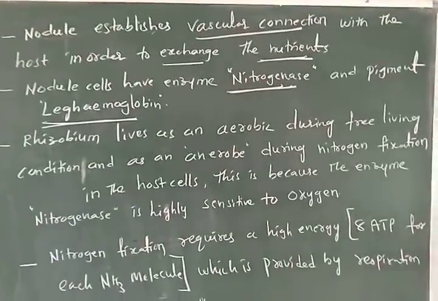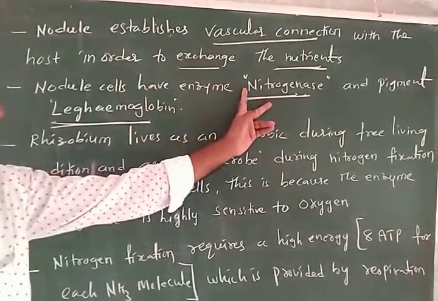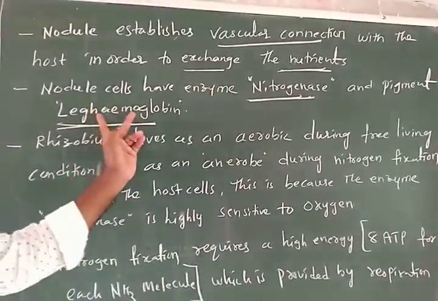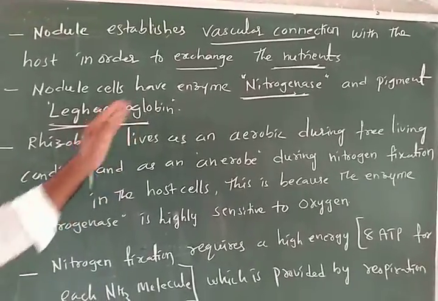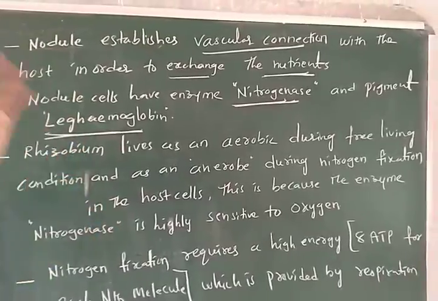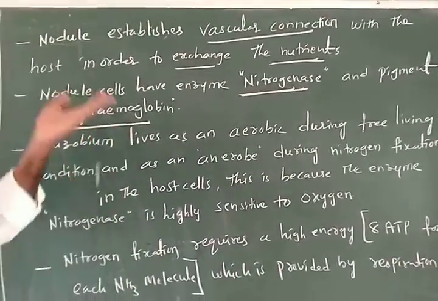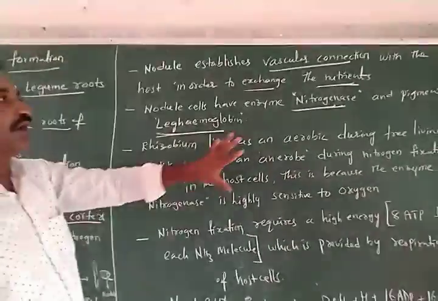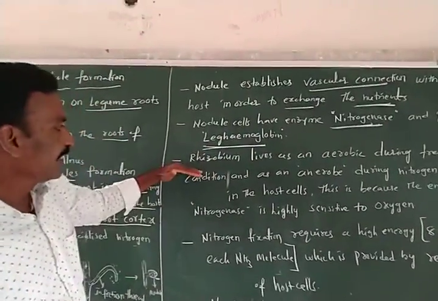When the root nodule has the nitrogenase enzyme and the leghemoglobin protein, only then is the root nodule capable of fixing atmospheric nitrogen into ammonia.